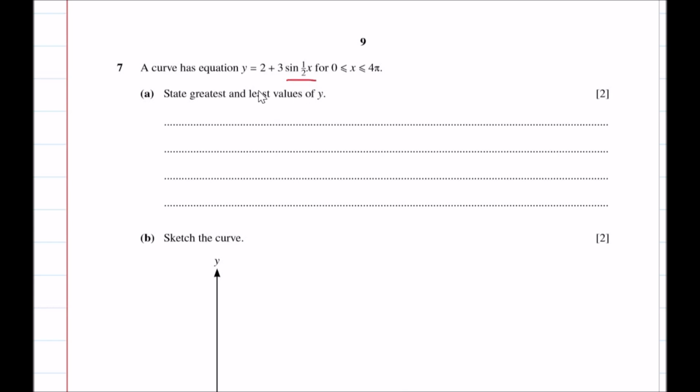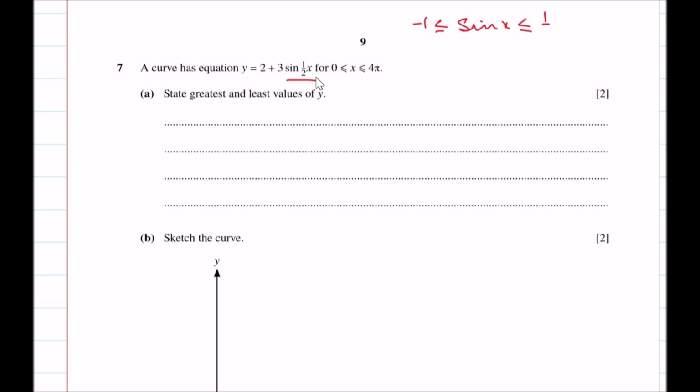And we know that for sine, maximum value or greatest value is positive 1 and minimum value is negative 1. So sine x lies between positive 1 and negative 1, right?